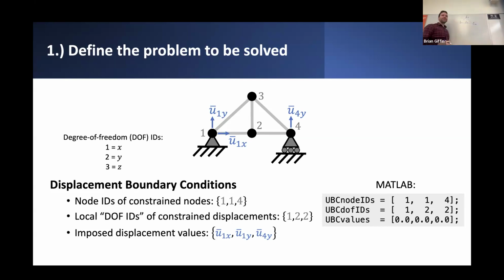So let's say in the global setting, maybe this is degree of freedom 1, 2, 3, 4, and I could list them off this way and basically say, I guess this would be 5, 6, 7, 8. There we go. Or I could permute the ordering however I like. And I could say, global degree of freedom 4 is the y displacement of node 2 in this case. You could prescribe that directly.